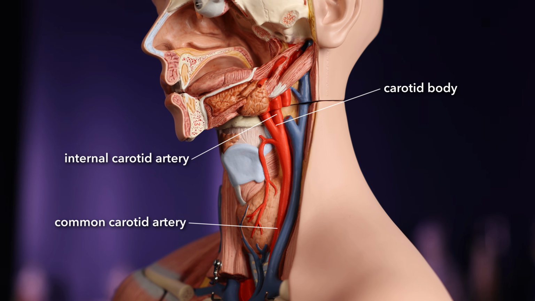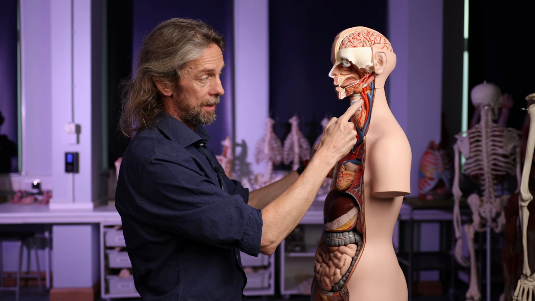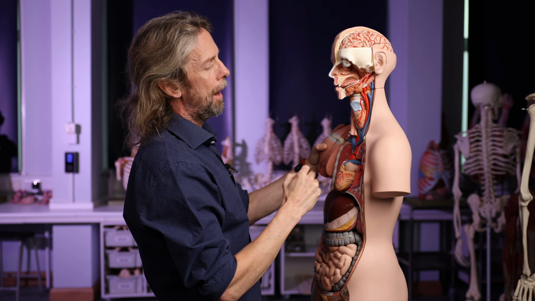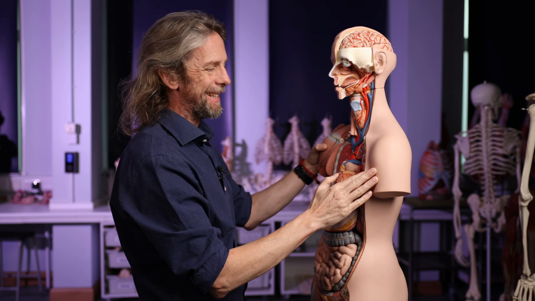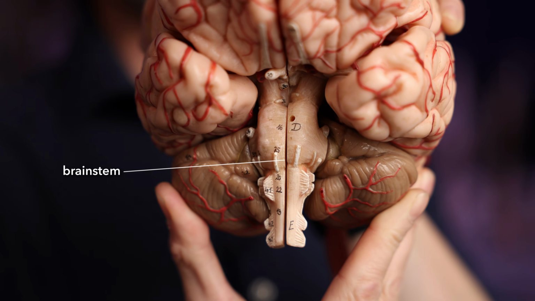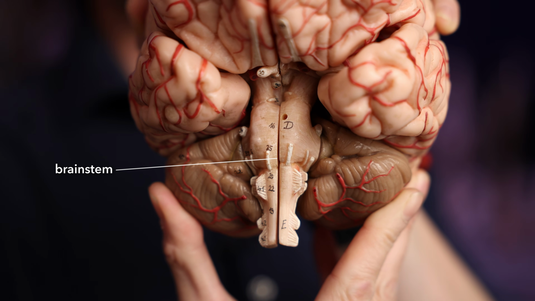There we find the carotid body. These are peripheral chemoreceptors. This is very clever, right? This is sampling the blood that's going to the brain, and then in the brain stem, and possibly elsewhere, possibly in the midbrain and the cerebellum, there are central chemoreceptors.